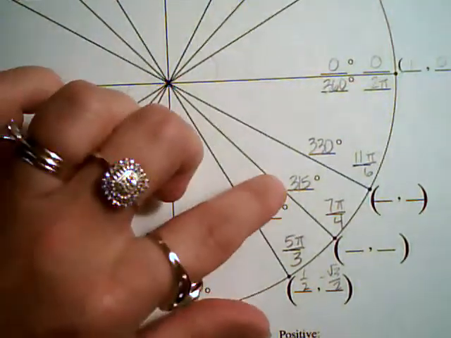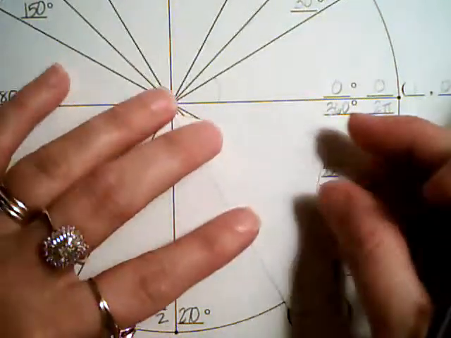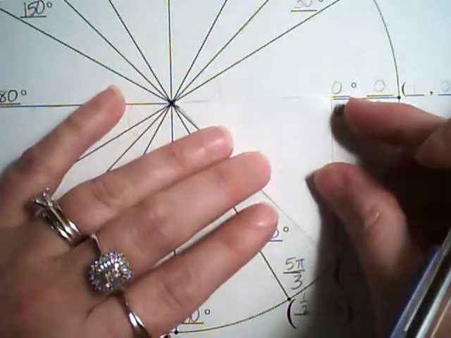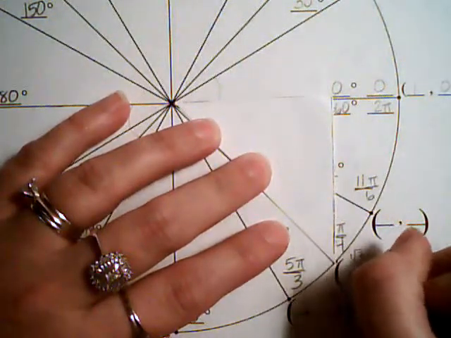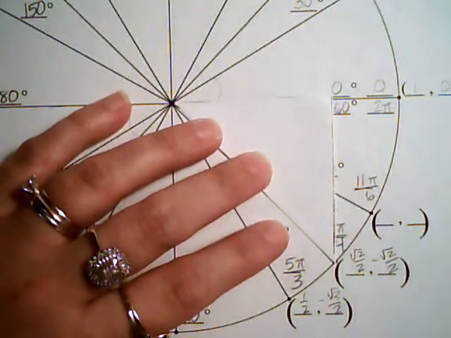Okay, then for 315, we use the 45, 45, 90. And again, this would be a positive square root of 2 over 2 and a negative square root of 2 over 2.